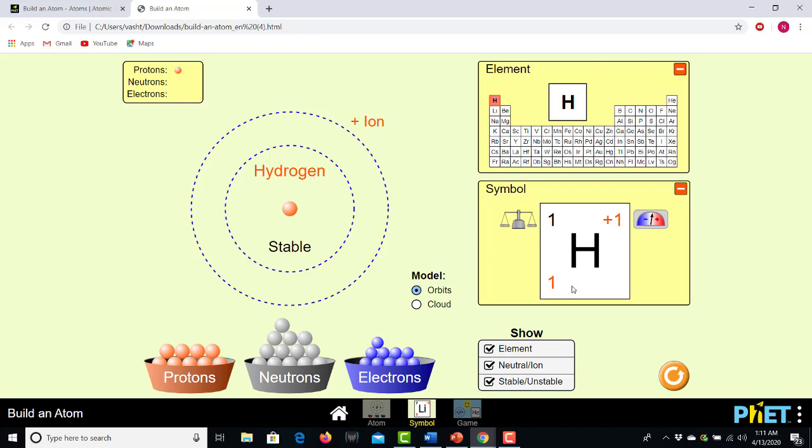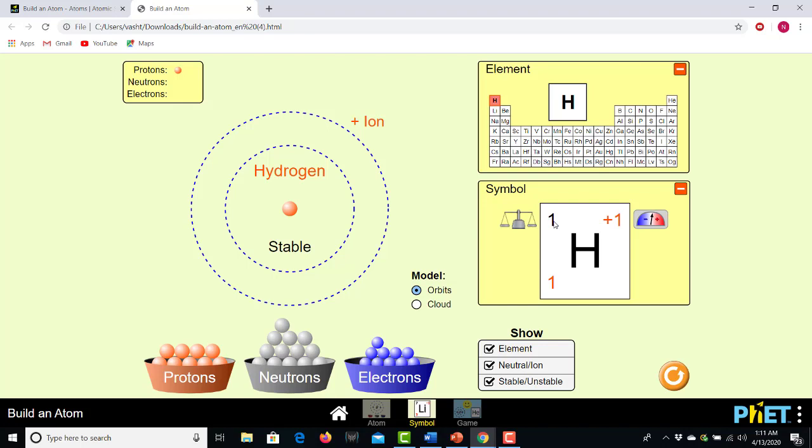And we see a subscripted 1 over here. Notice that this 1 is orange, just like that proton. And so the subscripted 1 tells us the number of protons that there are in the particle. And then we have a superscripted 1 on the left-hand side, and this 1 is called the mass number.